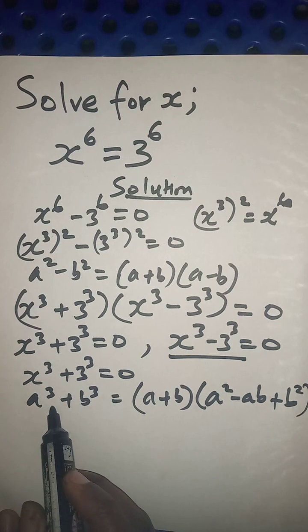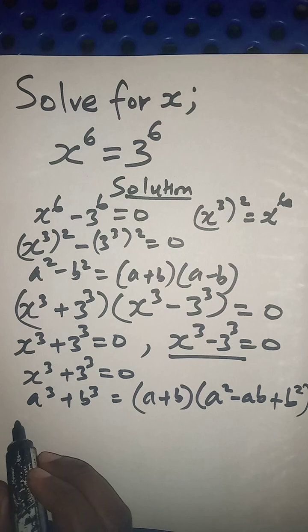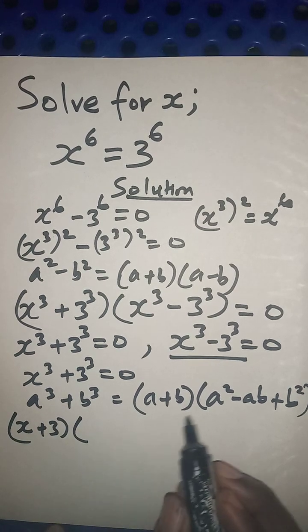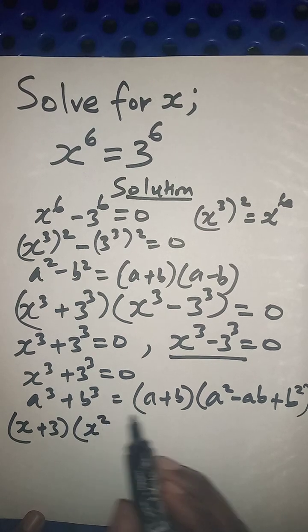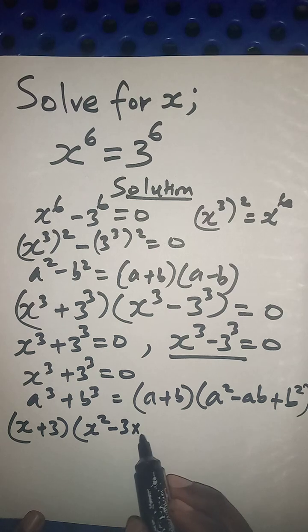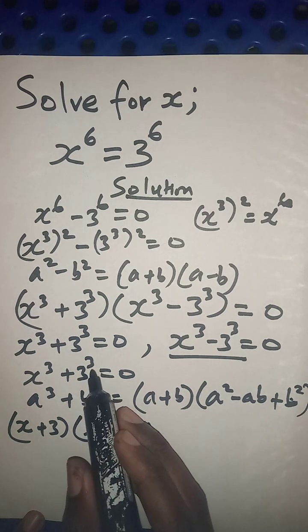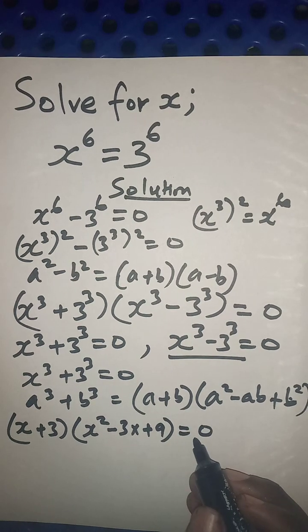So solving this, the first part is x plus 3, and the second part I'm going to expand as x squared minus 3x plus of course 9, 3 squared is 9, should be equal to 0.